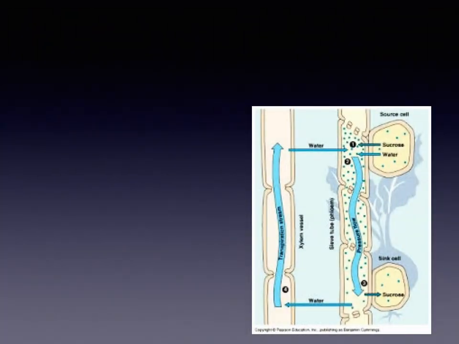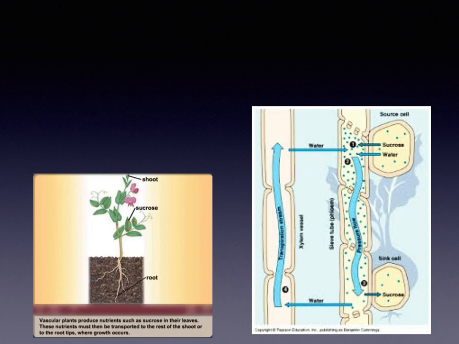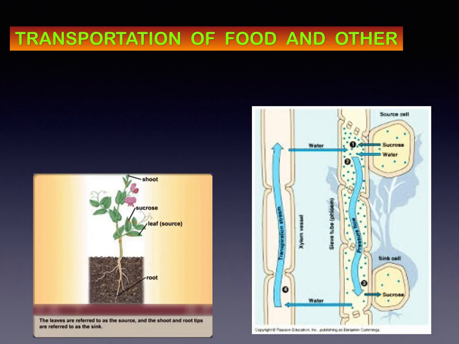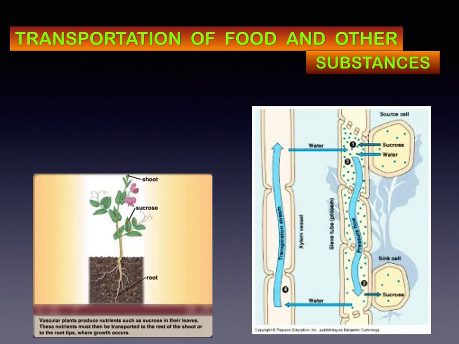Now that we have seen the transportation of water and minerals, now we shall see how food or other substances are transported in plants. The food produced in leaves is transported to each cell in the plant body. Excess food except amino acids is stored in roots, fruits, and seeds.